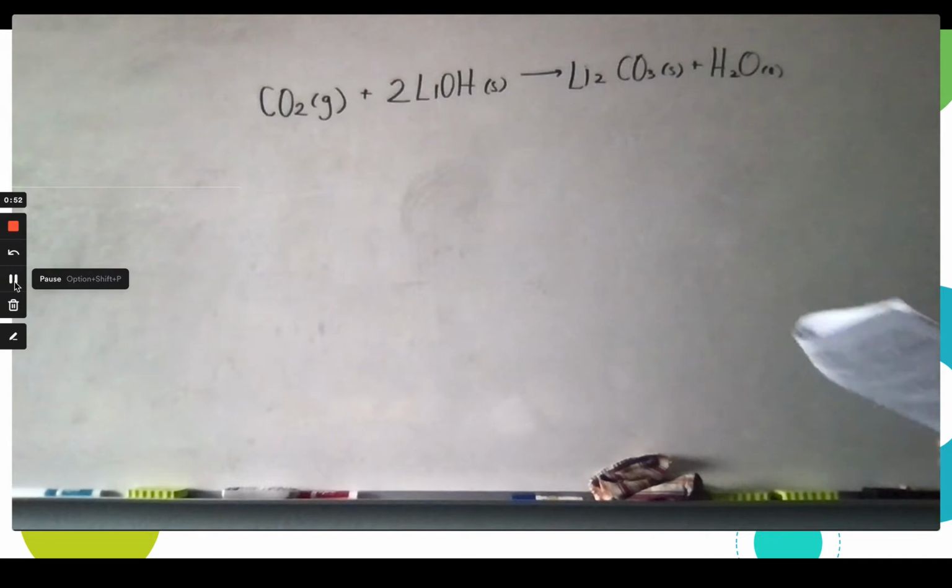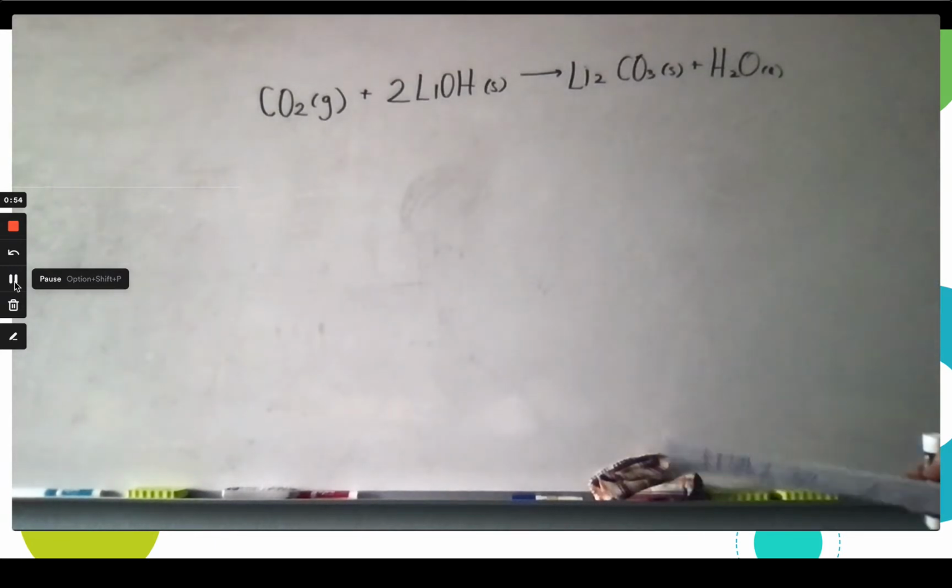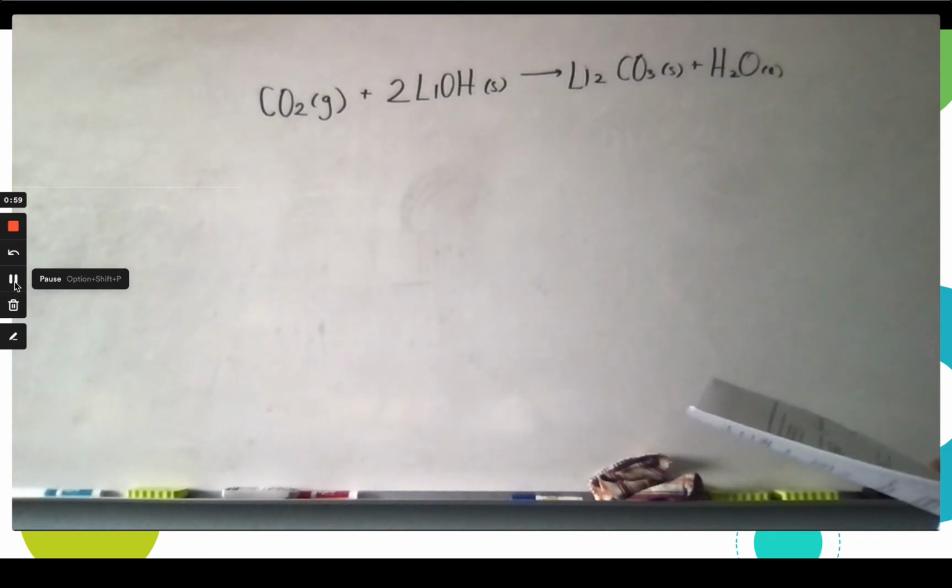So we have this formula. We have carbon dioxide gas reacting with 2 copies of lithium hydroxide solid to create solid lithium carbonate and liquid water.